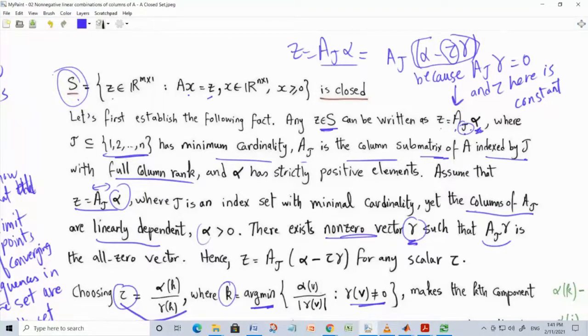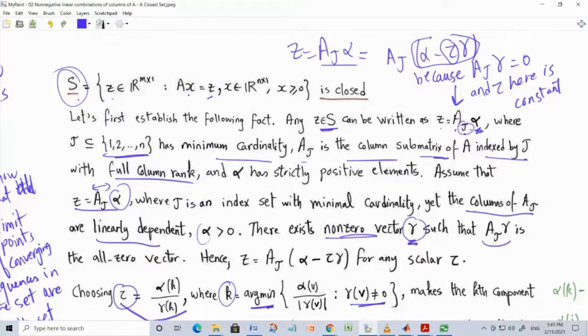But what you can do is write Z as a collection of the columns of A multiplied by a vector that is strictly positive, and those columns of A can be found such that they are linearly independent.